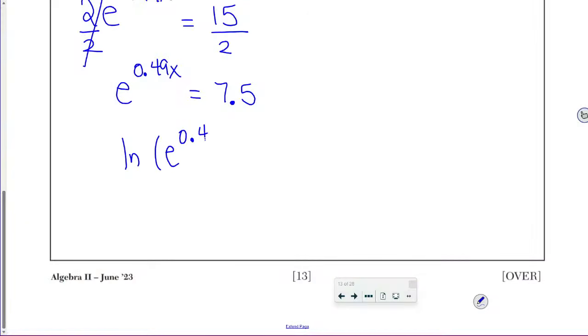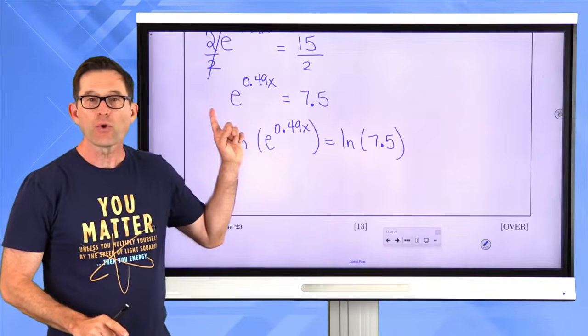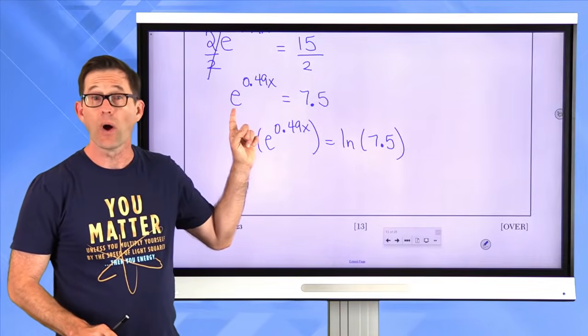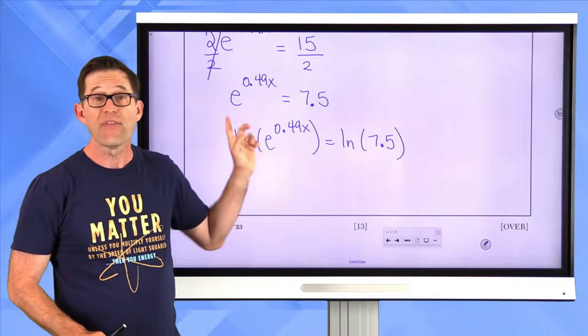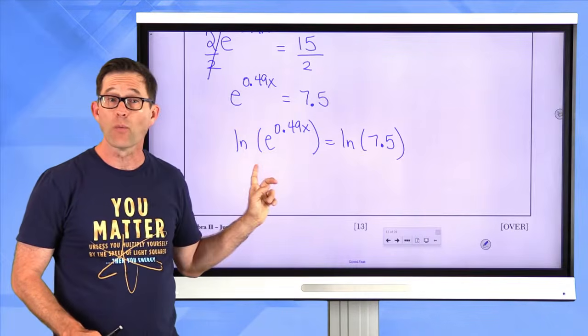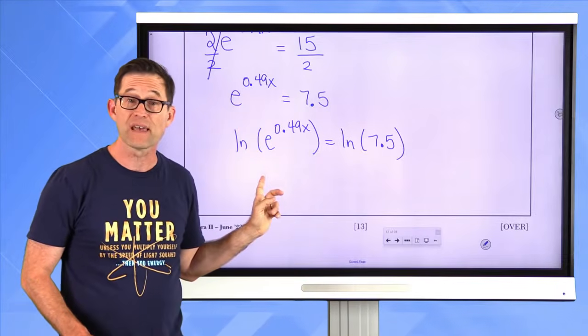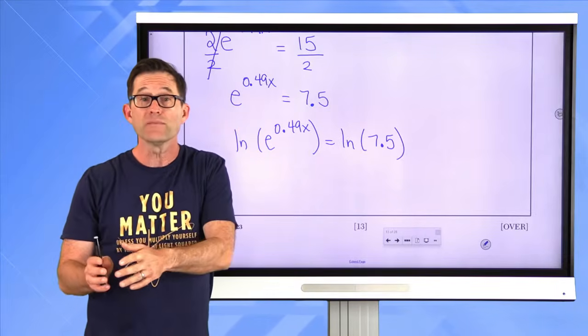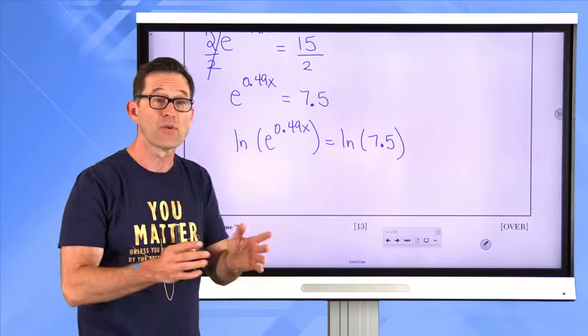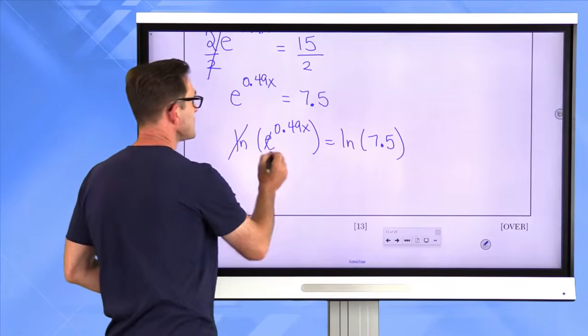of both sides. Now, as any math teacher will tell you, you can actually use a logarithm of any base you want. If that were 2, not e, but 2, I would use log base 2. If that was 1.05, I'd use log base 1.05. If that was 17, I would use the log base 17, because logarithms and exponentials are inverses of each other. They cancel each other out.